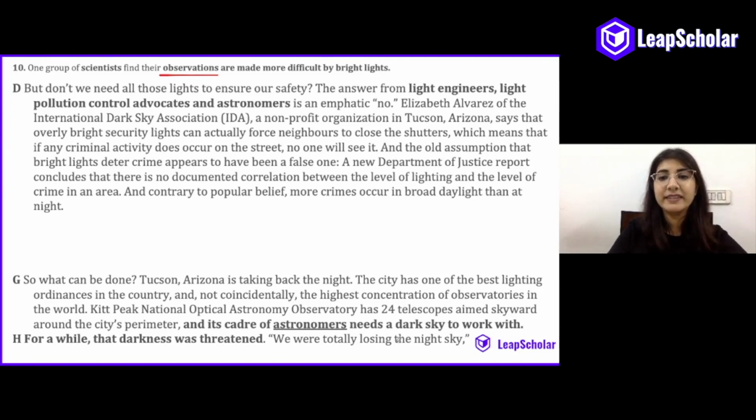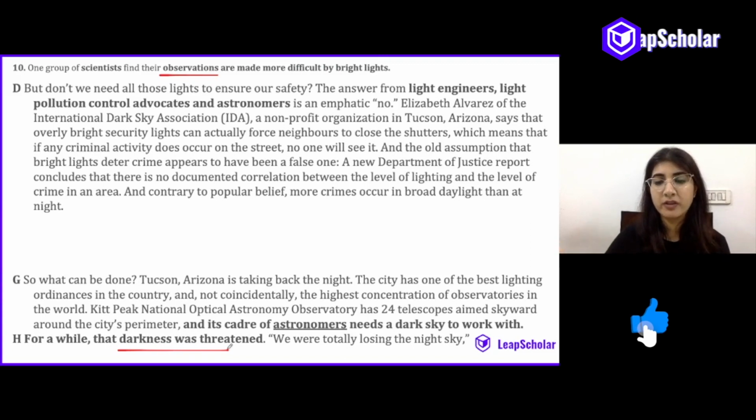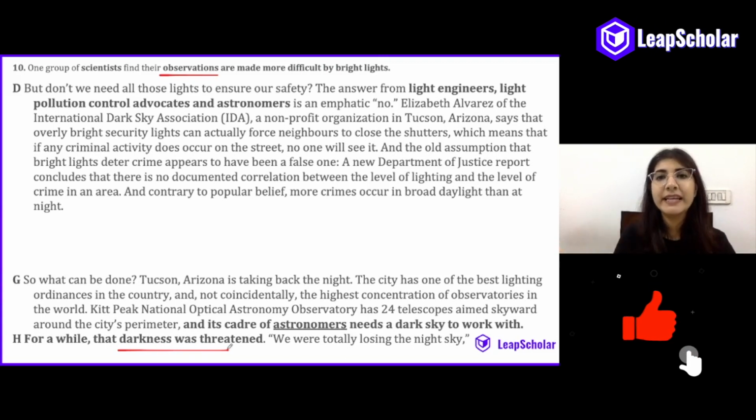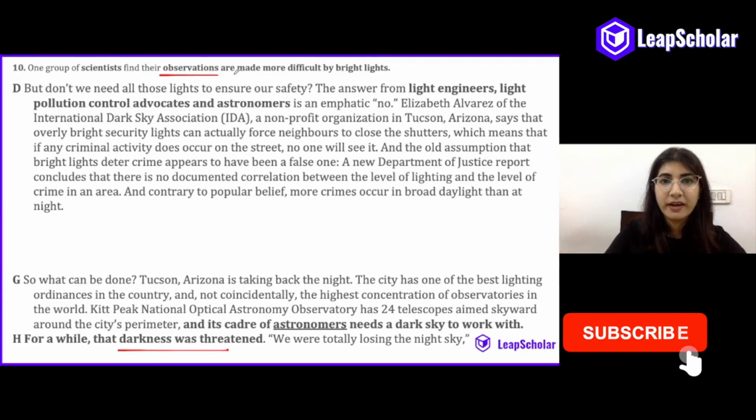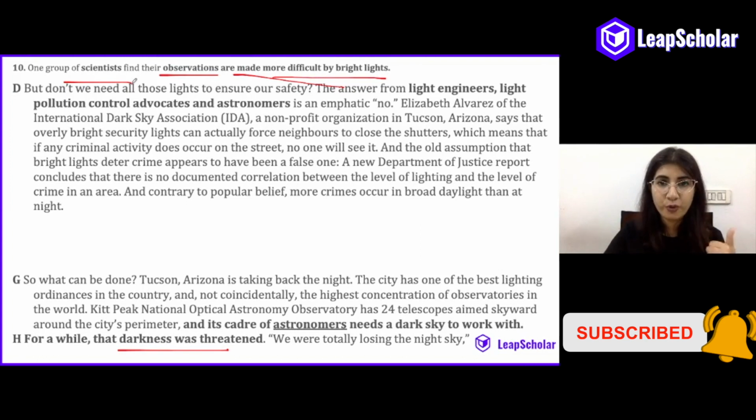These scientists need a dark sky, which means that darkness was threatened. How? Because of the bright lights, their work was made more difficult. Because they need a dark sky, lights made their observations difficult, which is exactly what this statement says. So this information is true.